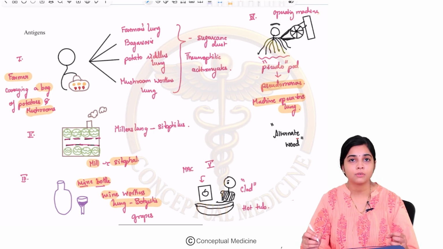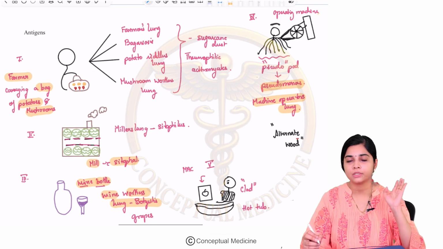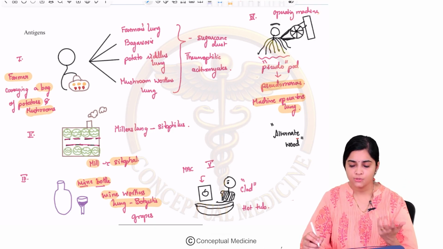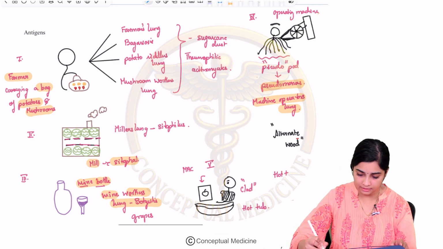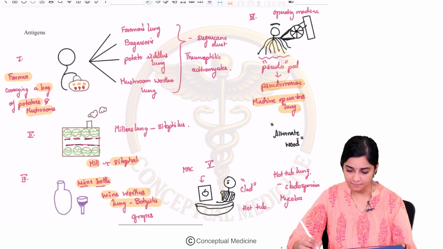Okay, so MacBook, you have the symbol of the Apple company, right? So Apple on the laptop or the iPad, this is a MacBook. Okay, so why have I made this mnemonic? So you remember hot tub lung. Hot tub lung is by Cladosporium species and Mycobacterium avium complex or MAC.